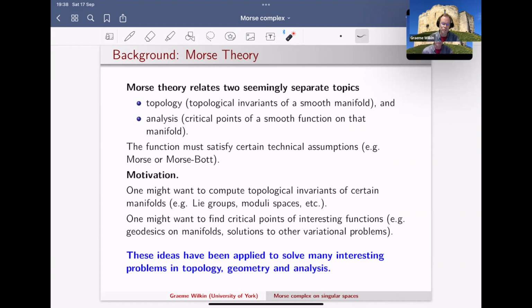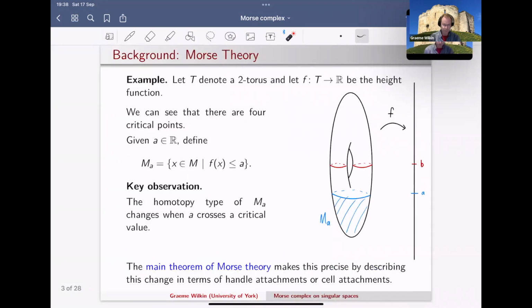So for example, you might want to find critical points of some variational function, and people have used this. For example, Morse's original motivation was to prove existence of geodesics on manifolds. So these ideas have been applied to solve many interesting problems in topology, geometry, and analysis.